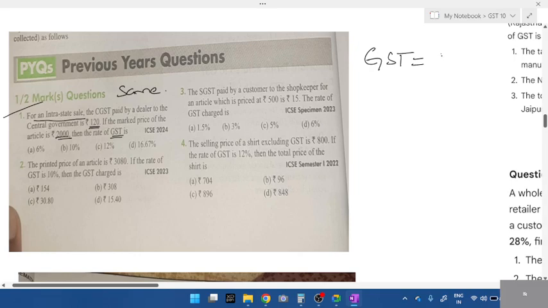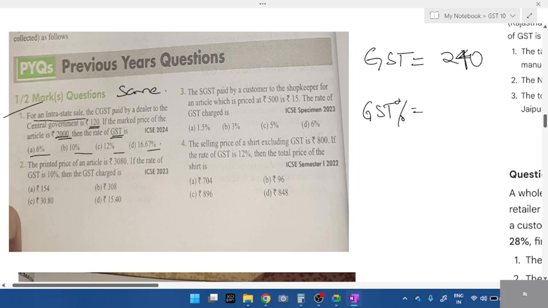GST should be 240. Do you need to write rupees or percentage? Percentage, right?